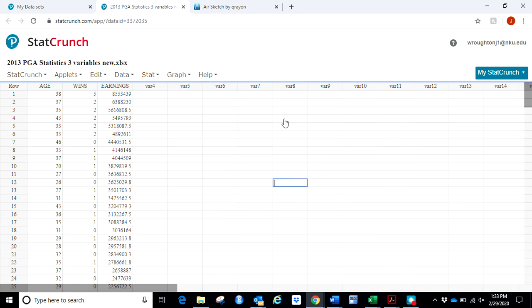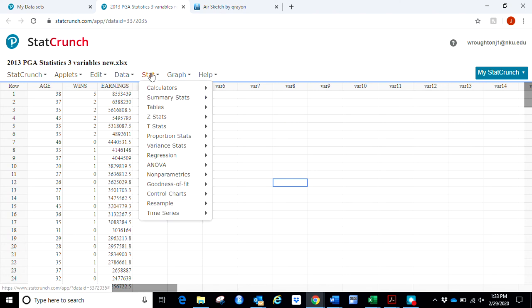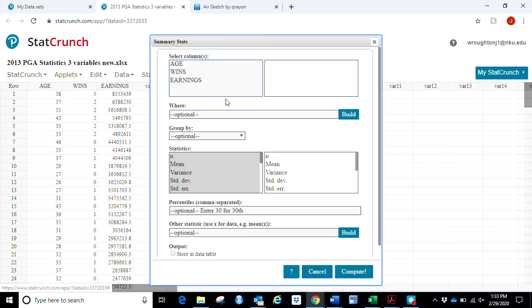So if I want to get all of those values, my mean, my median, that 5-number summary, the standard deviation, where I'm going to go is to Stat, Summary Stats, Columns. I went by columns because that's how my data is organized.